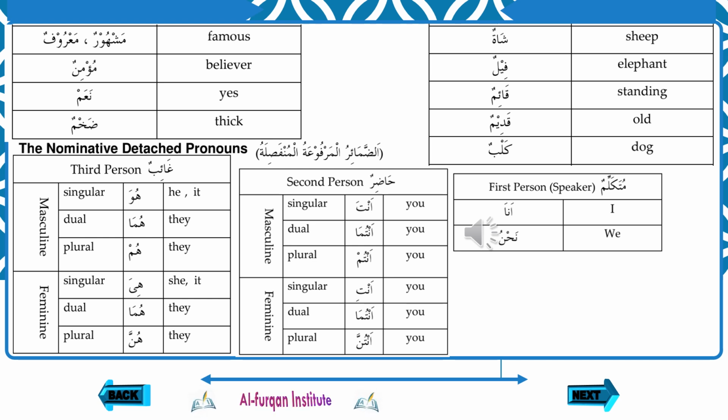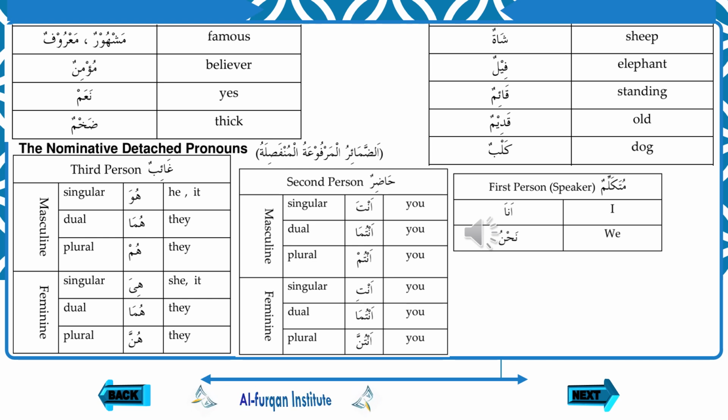The third person plural masculine, hum, it also means they. So the third person singular feminine, hiya, she or it. And the third person dual feminine, huma, they. Third person plural feminine, hunna, they.